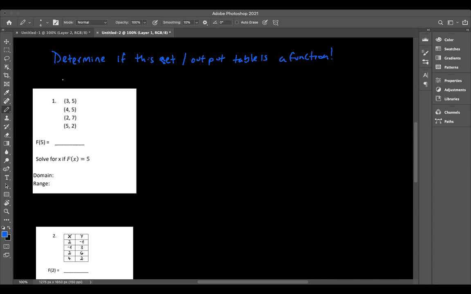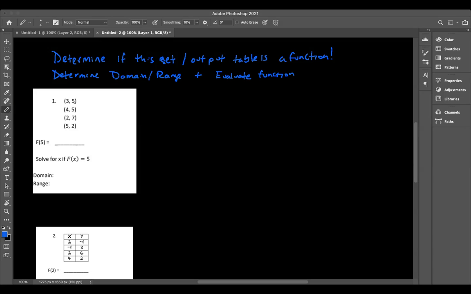And then we're going to basically determine the domain and range. I'm just writing this down as I go. And plus evaluate an equation. Evaluate a function.